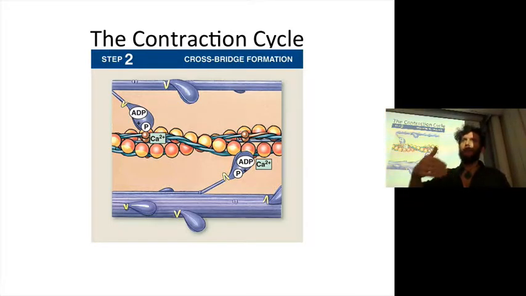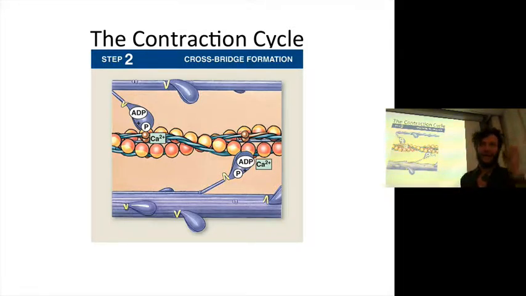Each step that happens is the trigger. So again, these are cartoons. I'm not going to take you into the in-depth atomic resolution interactions that are happening here. But maybe in graduate school, if you get there, it's worth your time to look at that, because it's pretty interesting how the molecular shifts that happen with each of these events leads consequently to the next event. So we have cross-bridge formation.